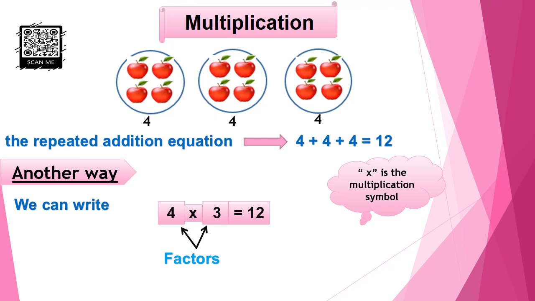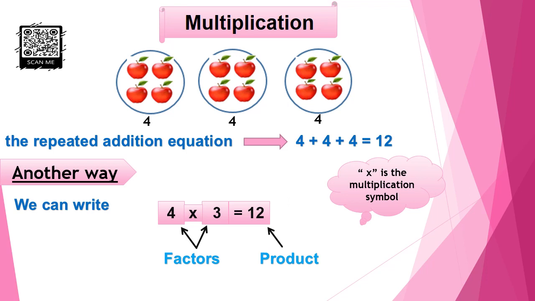These numbers which I multiplied together, here I multiplied 4 by 3. This is why we call it multiplication. And when we want to read it, we say 4 times, don't say by. 4 times 3 equals 12.